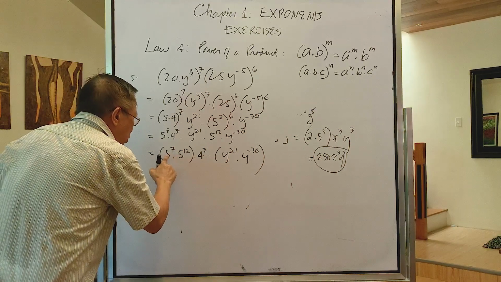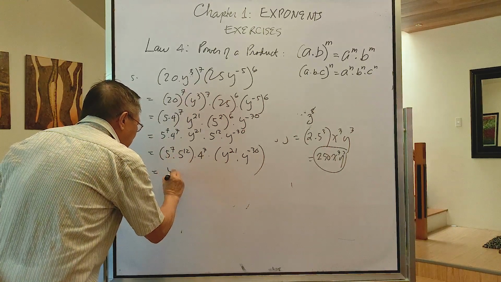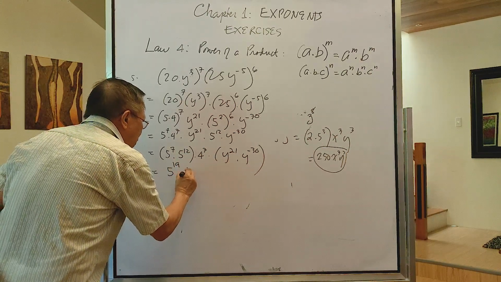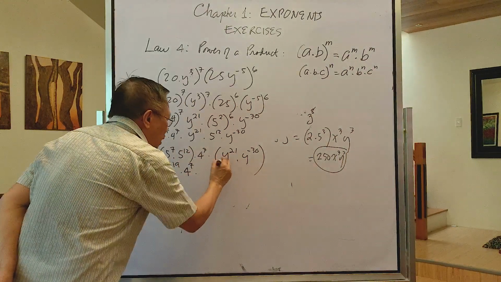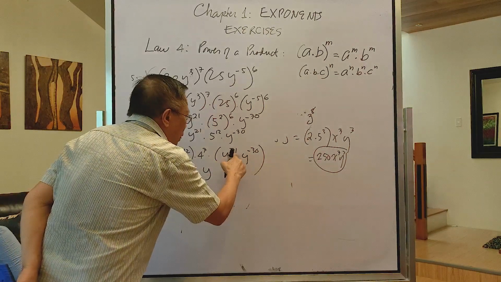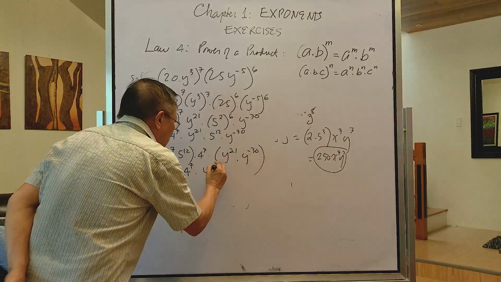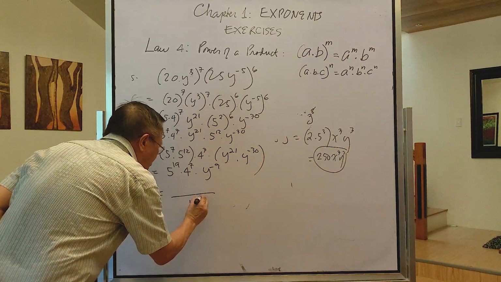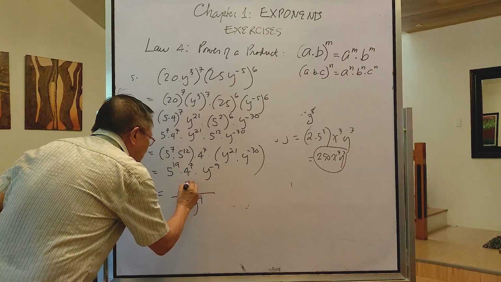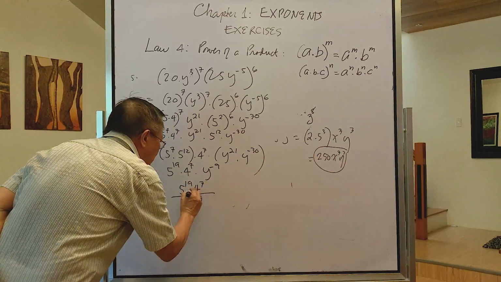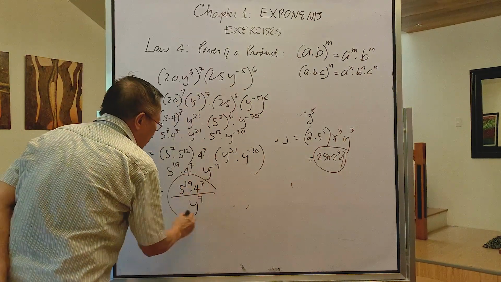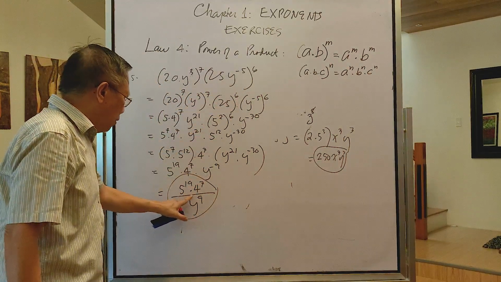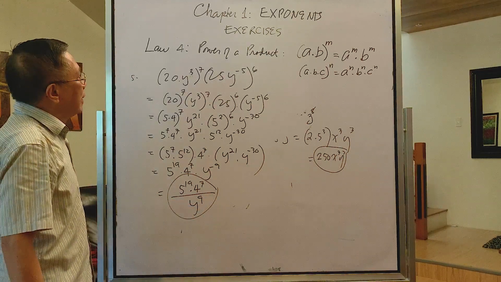And here, these are too big to be expanded, so I'll retain them in base 5. 7 plus 12 is 19, times 4 to the 7, times, what about this? 21 minus 30 is negative 9. Since that is a negative exponent, I will bring it down. So I'll have y to the 9 below and 5 to the 19, 4 to the 7 above. Okay? So, the simplified form of this one here is actually 5 to the 19, 4 to the 7 over y to the 9. Thank you.